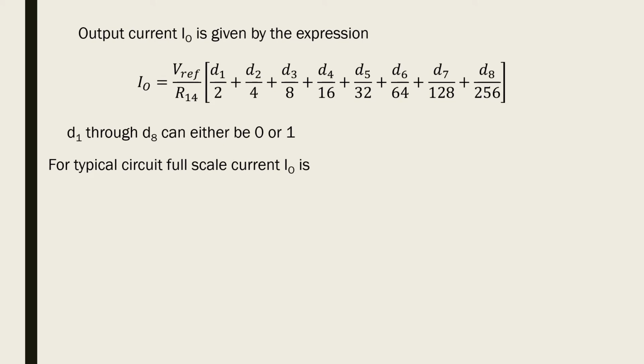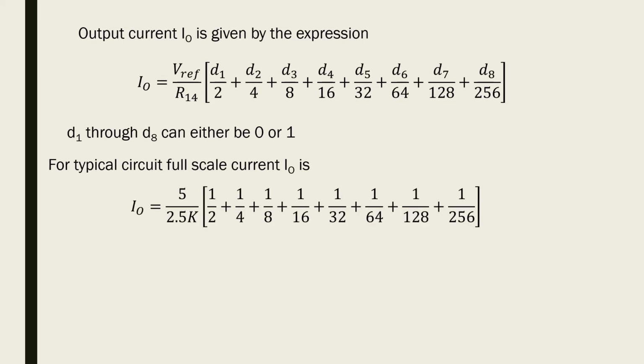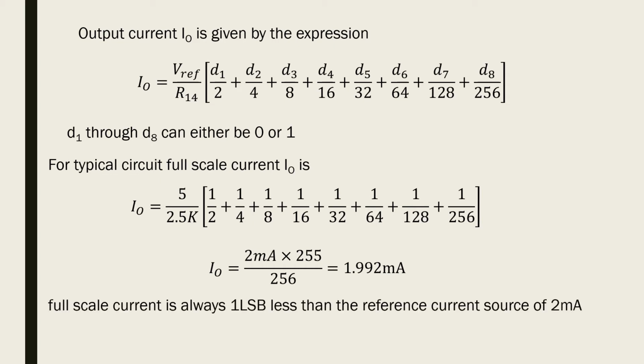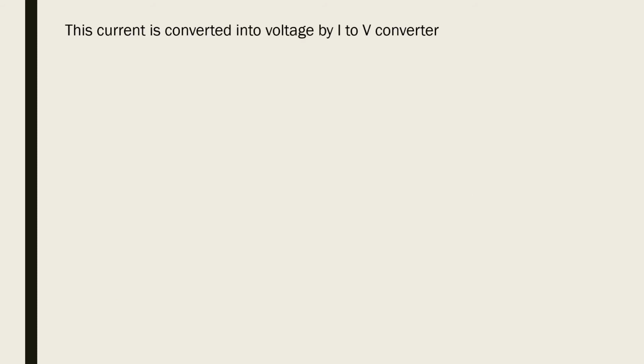For a typical circuit, full scale current: when all the inputs are at 1, the value of I0 will be equal to 1.992 milliampere. Full scale current is always 1 LSB less than the reference current source of 2 milliampere. This current is converted into the voltage by the I to V converter, that is current to voltage converter.